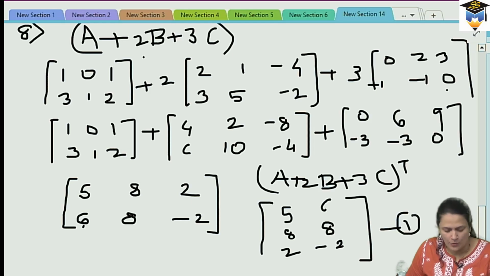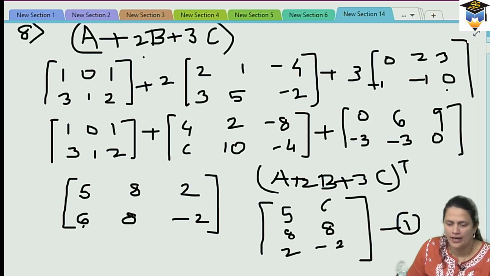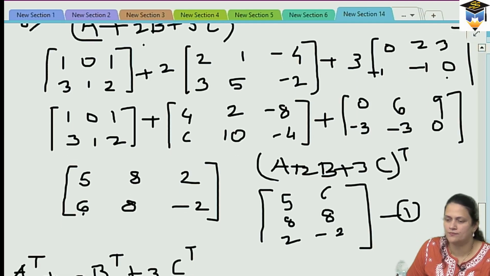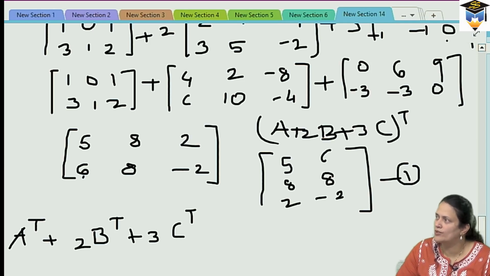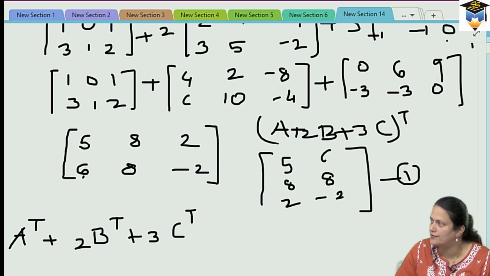Now what do we have to verify? A transpose plus 2B transpose plus 3C transpose. Okay, so now Nidhi, can you do it? Do it and let me know what answer you get.